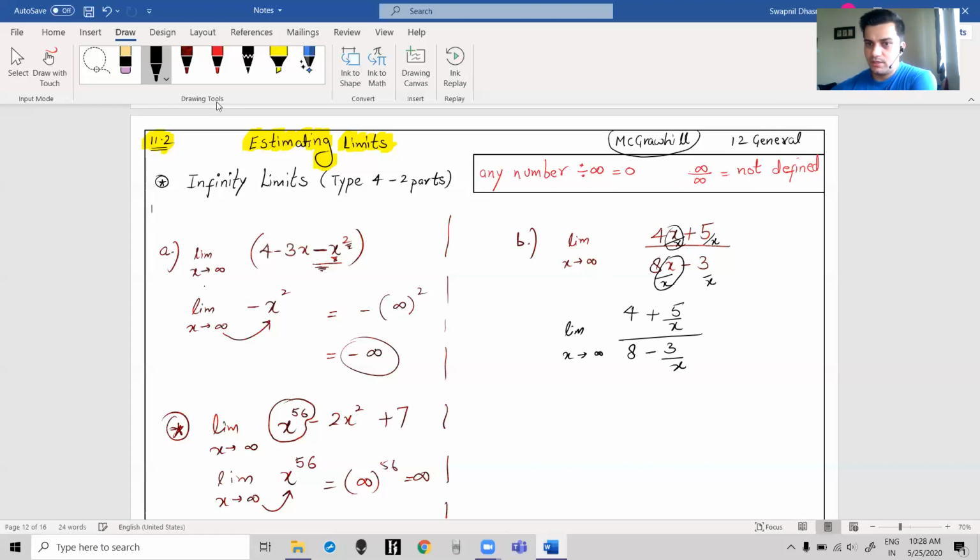Now if I substitute infinity, this part will give me a 0, as discussed. This part will give me a 0. So that leaves me with 4 plus 0 over 8 minus 0, and that looks like a half. So the function's value goes to half when x goes to infinity.